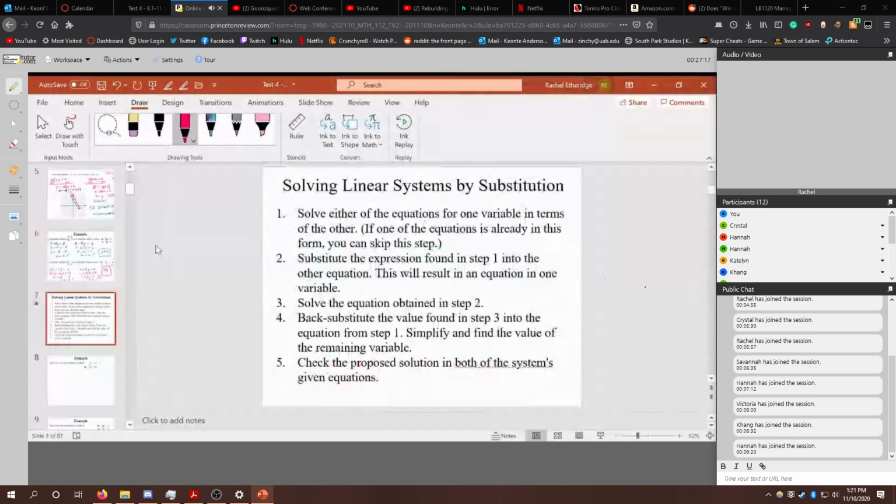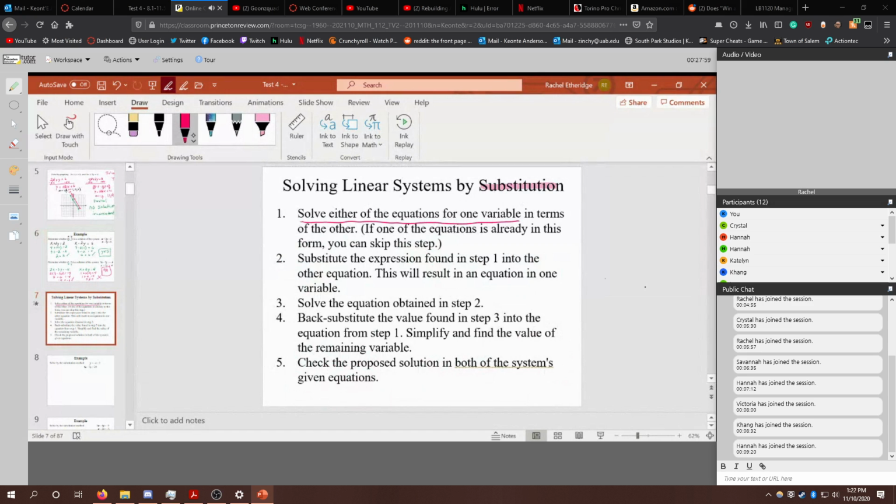All right, the next part gives us some steps. So we talked about solving graphically. Graphically is not usually the best method to use unless there's some reason why you have to graph it. So we have some algebraic methods that work really well for us, and one of them is substitution. So here are your steps written out step by step for how you solve by substitution. Step one, solve either of the equations for one variable in terms of the other.